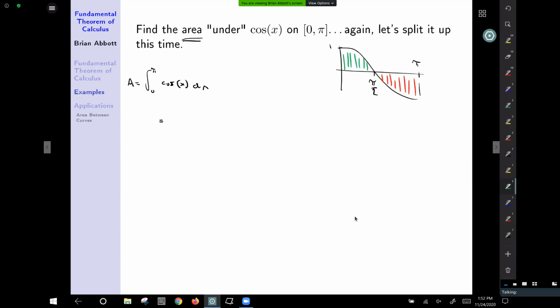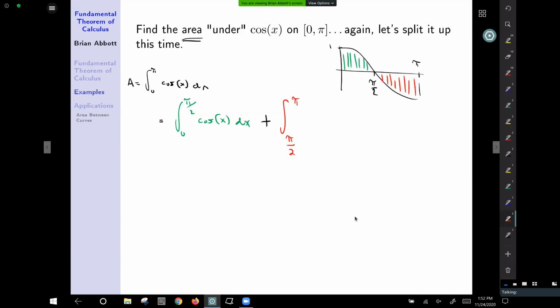I could do the so-called green integral, the area above the x-axis, from 0 to pi over 2 of cosine of x dx. And then we could add to that, because of the additivity of the definite integral over continuous intervals, a fancy way to say that, the area below the x-axis, this time from pi over 2 to pi.